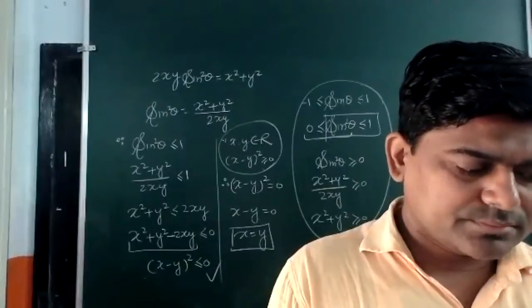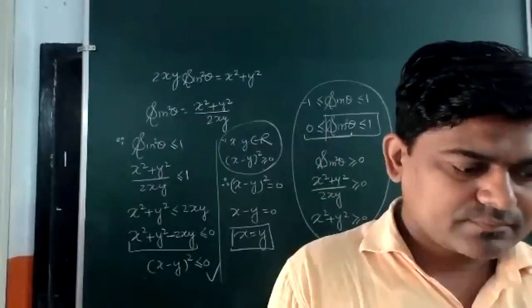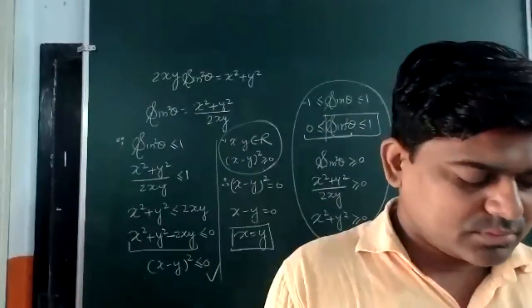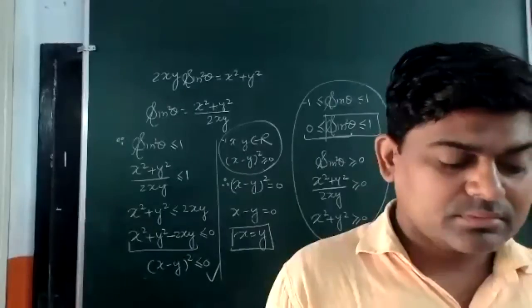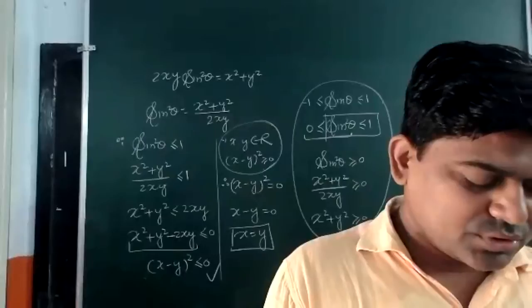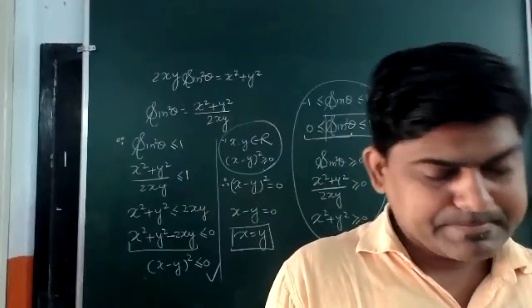What happened? Sir, 0. It's 0. Yeah. And what could be the least value of cosec square x?